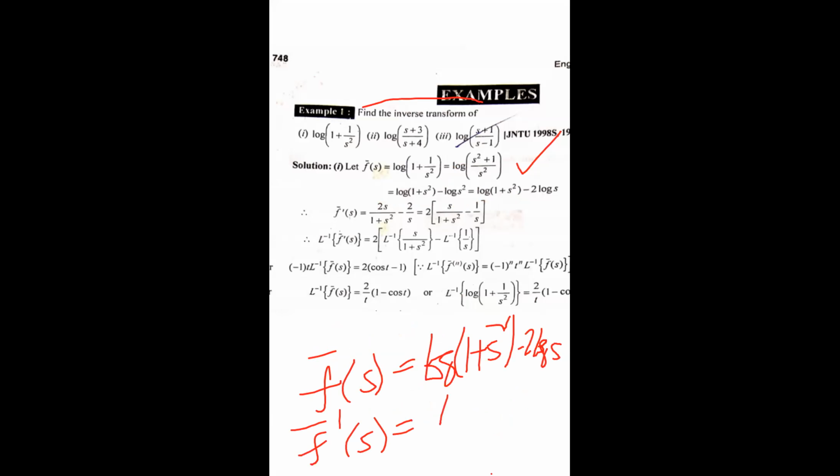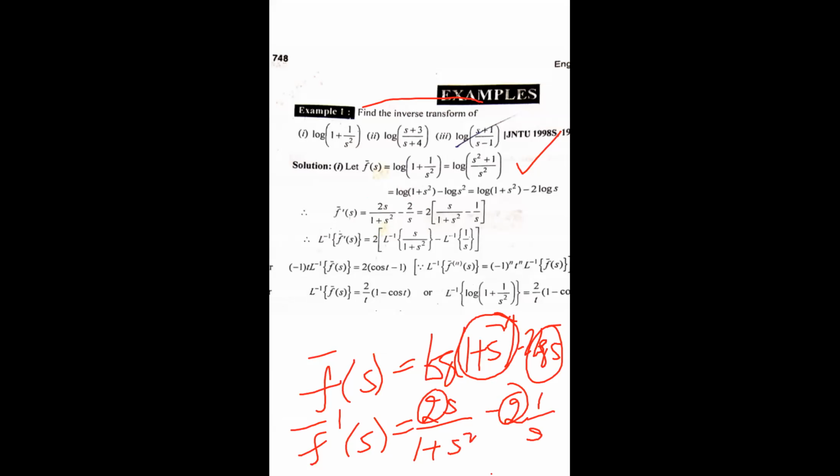Similarly, for log of 1 plus s square, it is 1 by 1 plus s square, and the internal derivative, the derivative of 1 plus s square, is 2s. Minus 2 into the derivative of log s, which is 1 by s. So we get 2s by 1 plus s square minus 2 by s. Taking 2 common in both terms, we get s by 1 plus s square minus 1 by s.